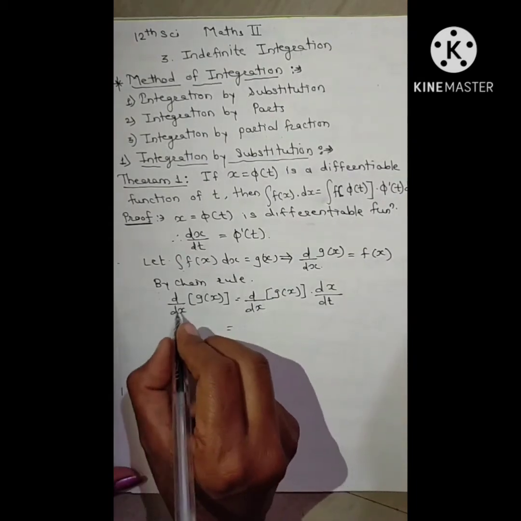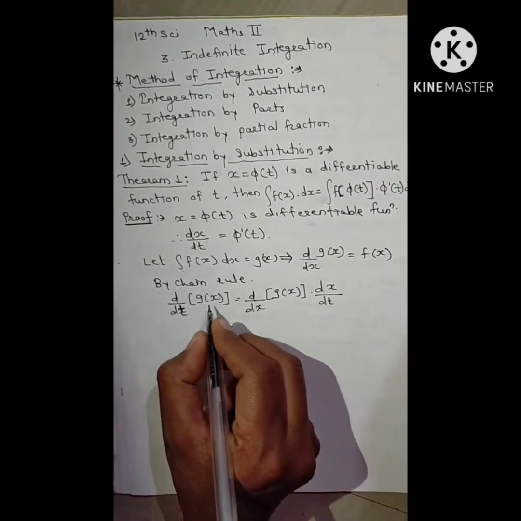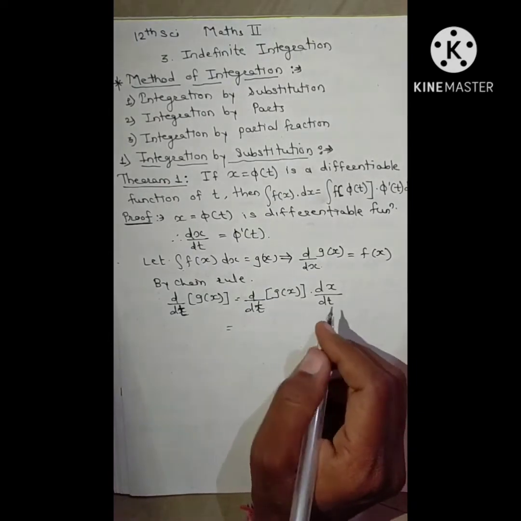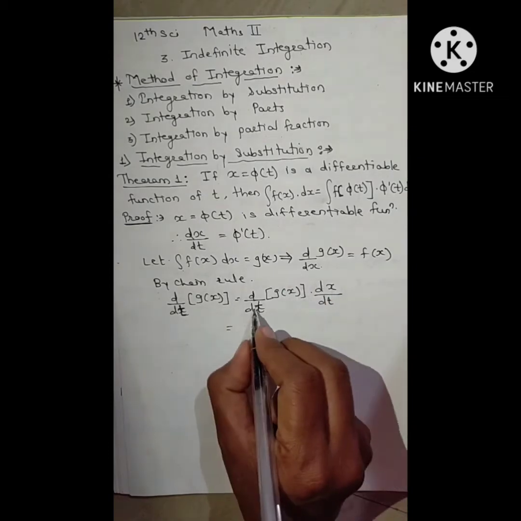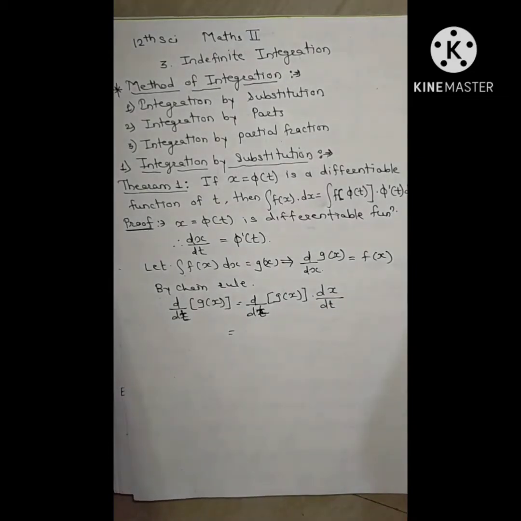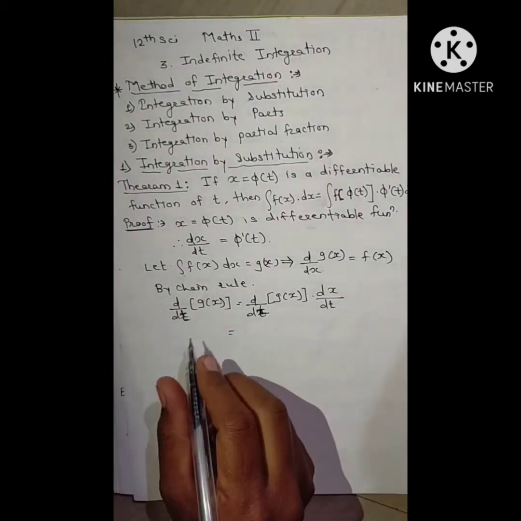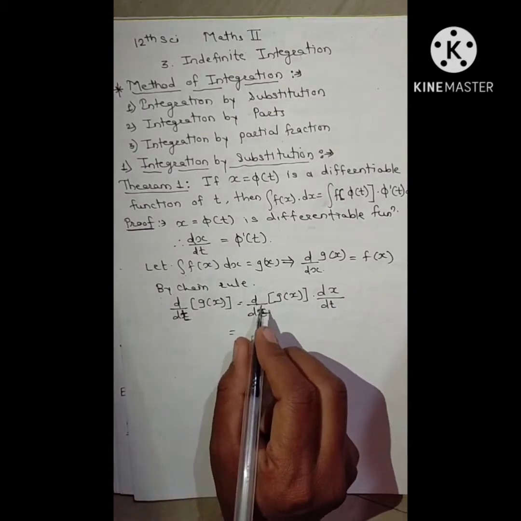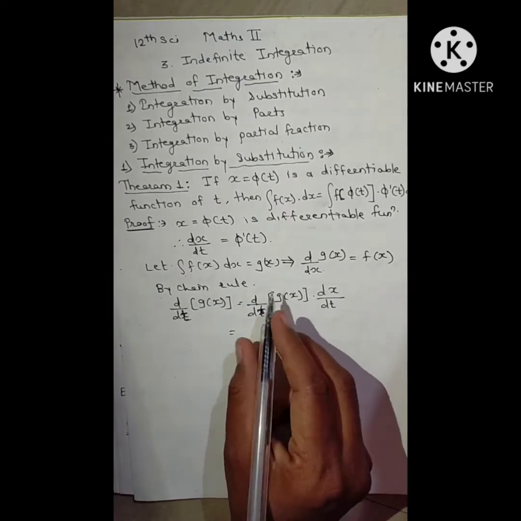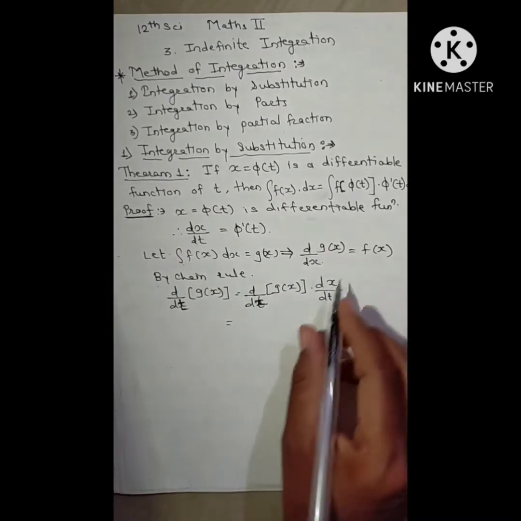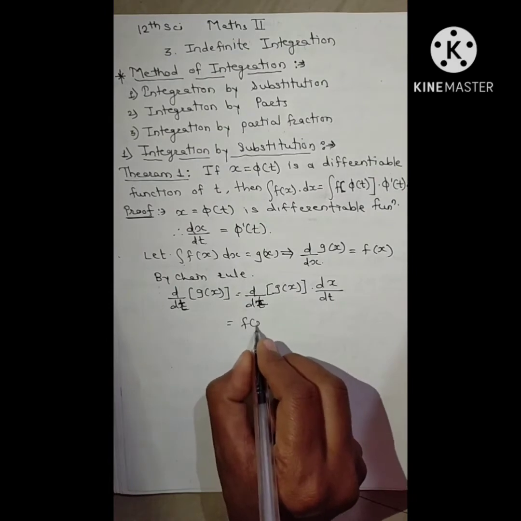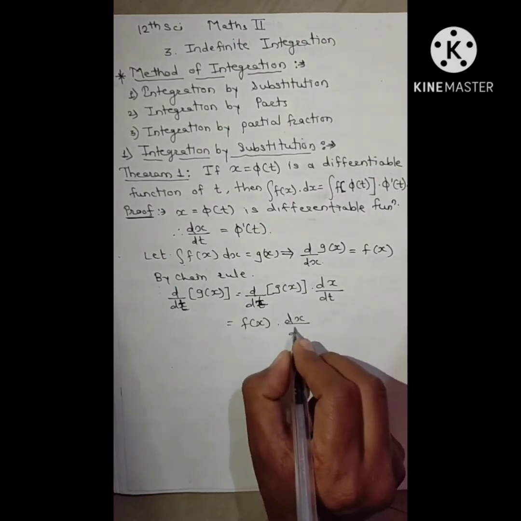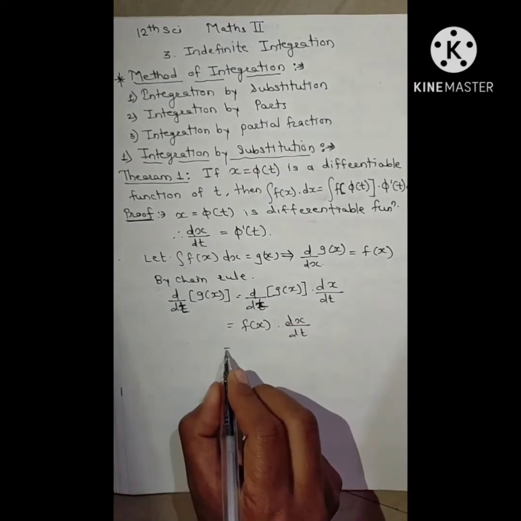Therefore d by dx of g of x is f of x, and d by dt of g of x is equal to f of x into dx by dt.